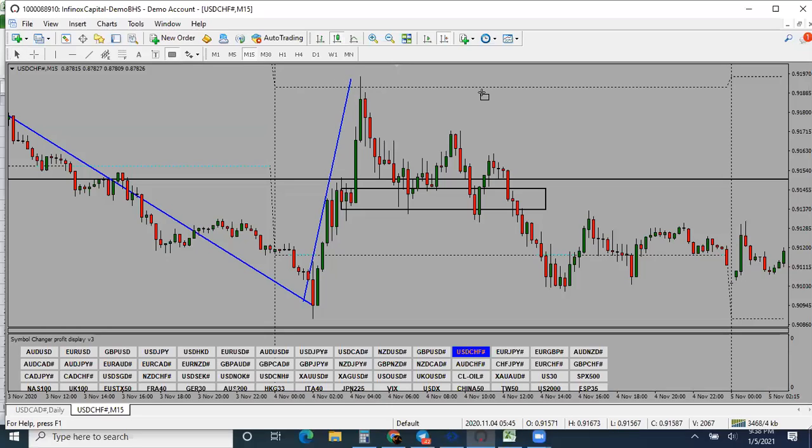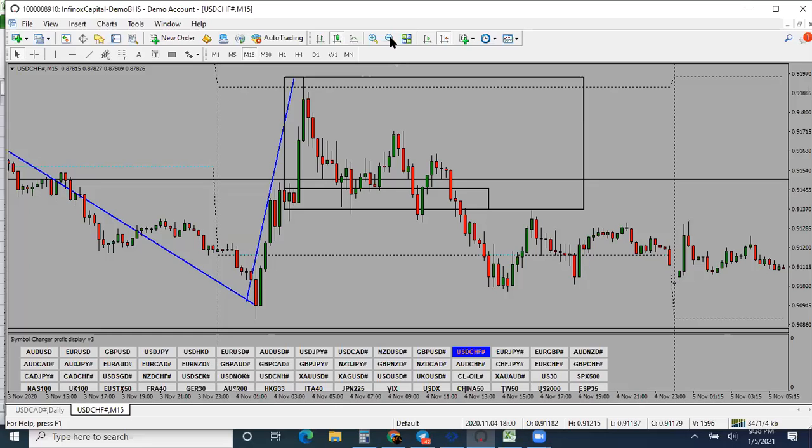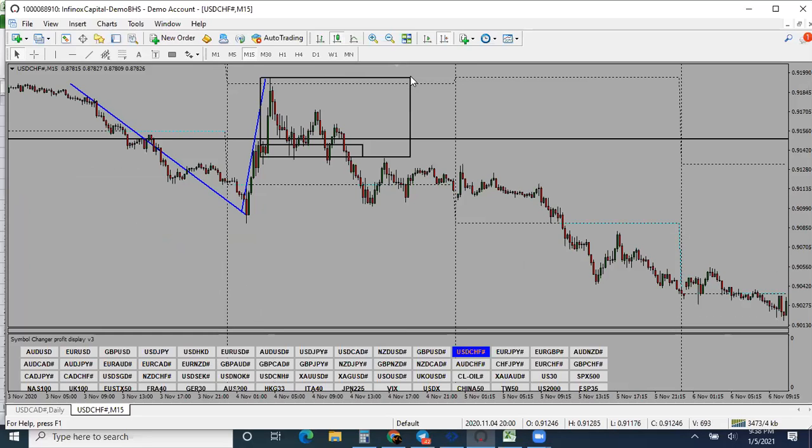Our stop loss will be somewhere above, and this will be the entry at that level, right? If you do that, this is what's going to happen.